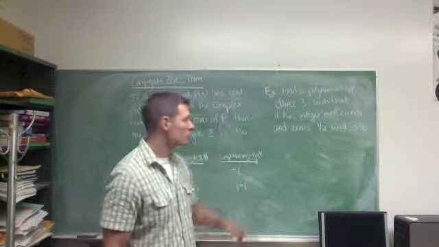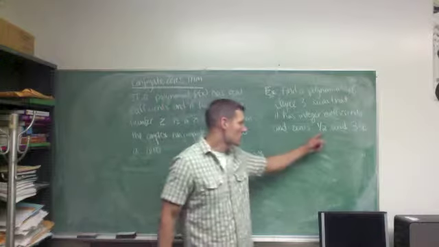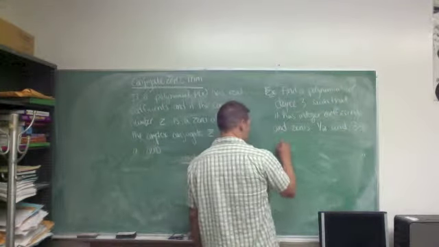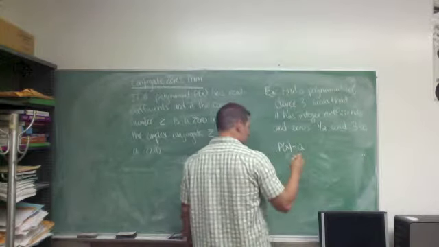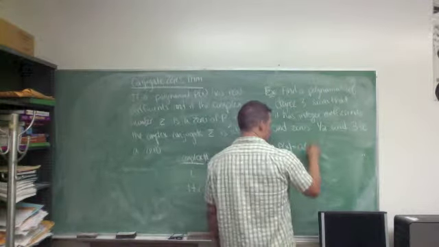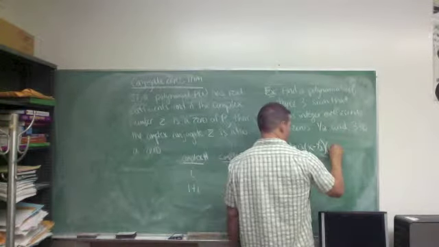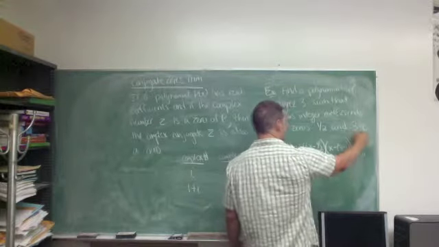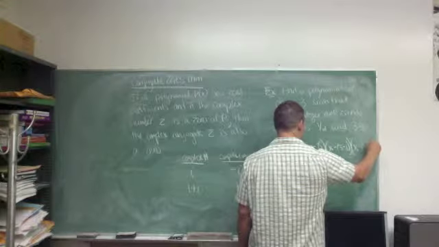It's got 3 complex zeros, has integer coefficients, and 2 of the zeros are 1/2 and 3 plus i. Then we know that we can write this polynomial, p of x, as some number a, I don't know what this number a is, times x minus 1/2, because 1/2 is a 0, times x minus 3 minus i. But if 3 plus i is a zero, then we know its conjugate is also a zero, so x minus 3 plus i.